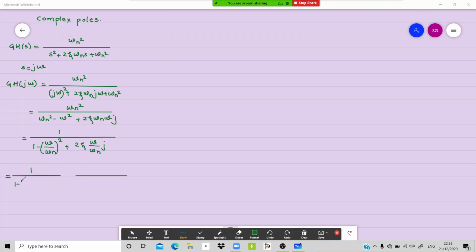So (1 minus omega upon omega n) square plus 2 zeta omega upon omega n j, into (1 minus omega upon omega n) bracket square, plus minus over here, 2 zeta omega n j, same term, (1 minus omega n) bracket square minus 2 zeta omega n j.